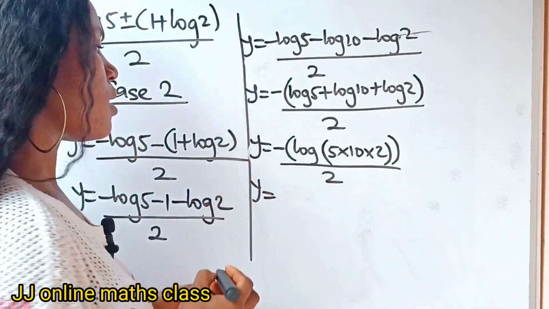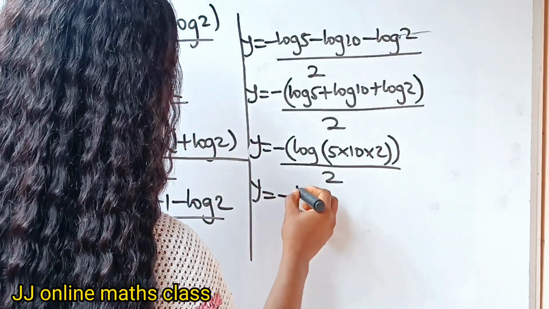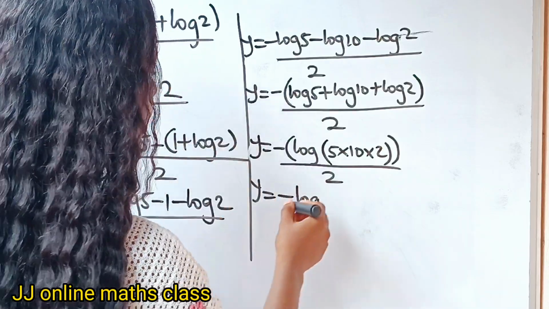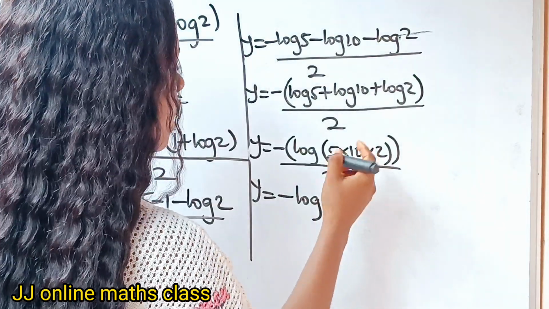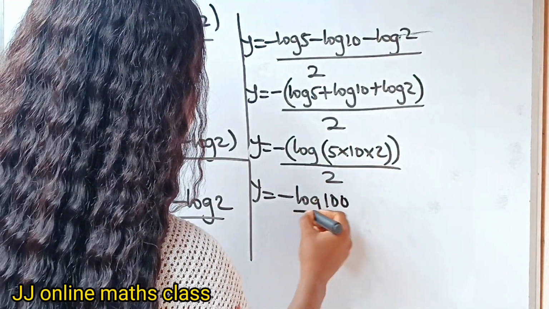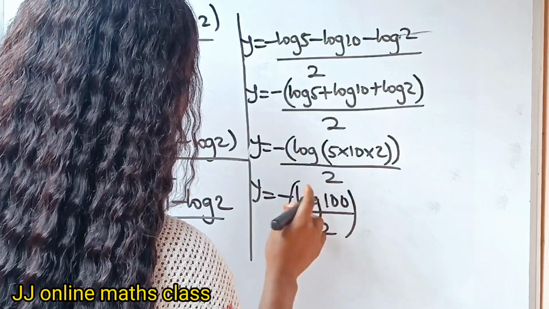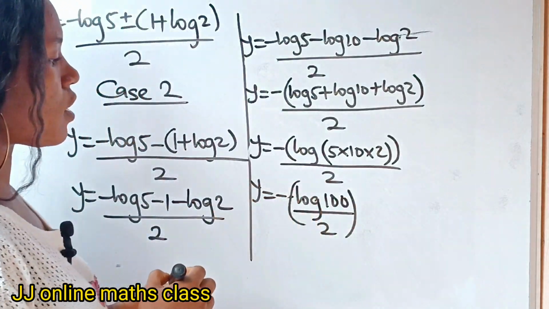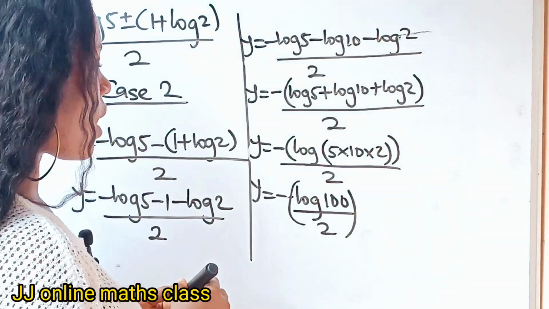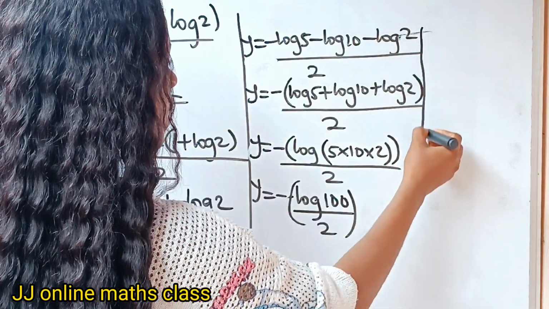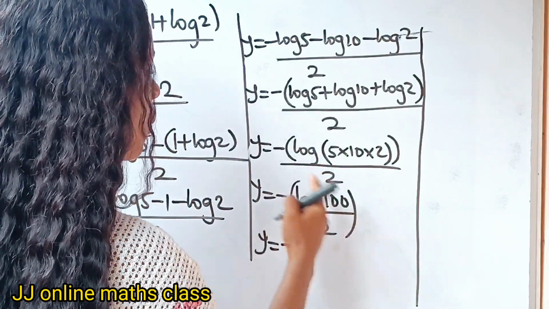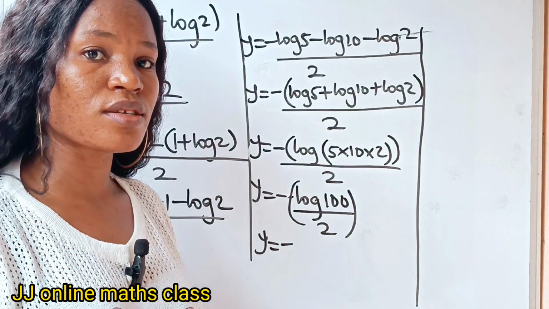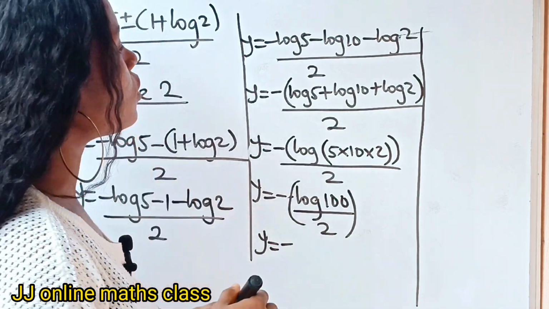Now our y is equal to minus log, 5 times 10 is 50, 50 times 2 is 100, over 2. This is in bracket, over 2. So let's solve. Now we can write that y is equal to minus, and we all know that log 100 is 2.